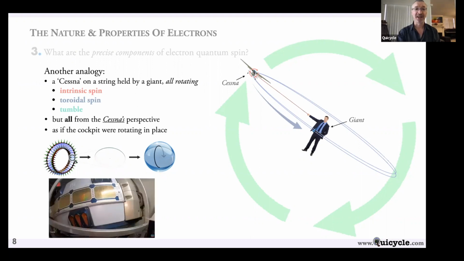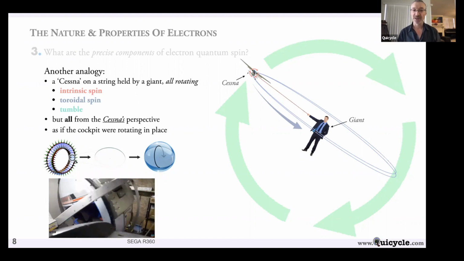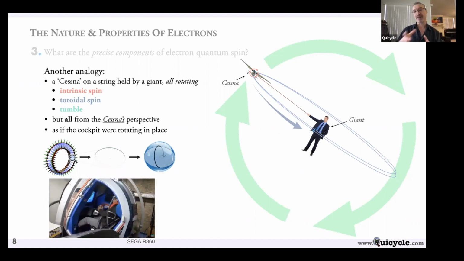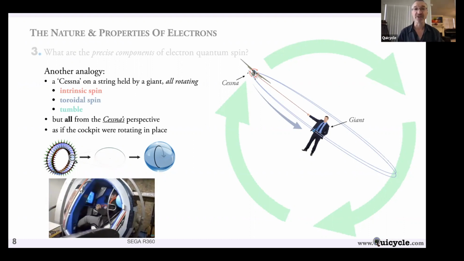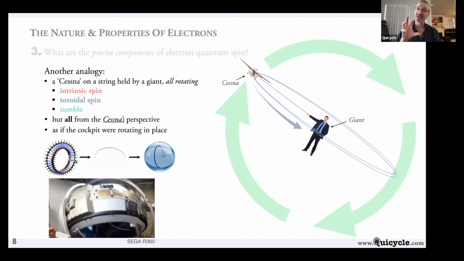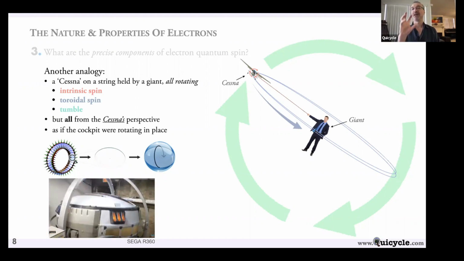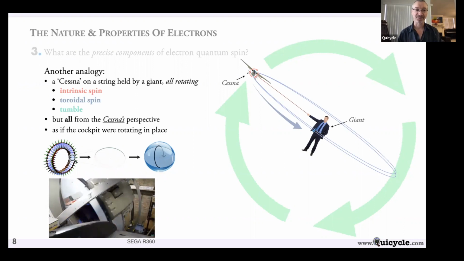And they used to have this great video game at Disneyland, which was a flight simulator where you strapped into this harness and the entire thing rotated in 3 dimensions, which is really a wonderful way to fly a flight simulator. So imagine that this Cessna cockpit was doing that in this 3-dimensional triple combination of rotations.